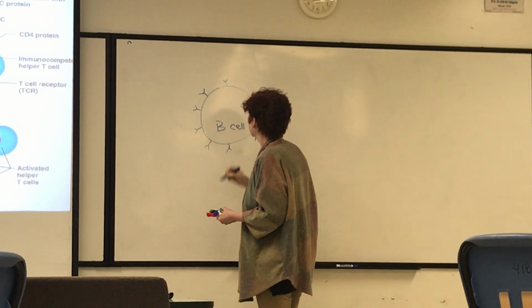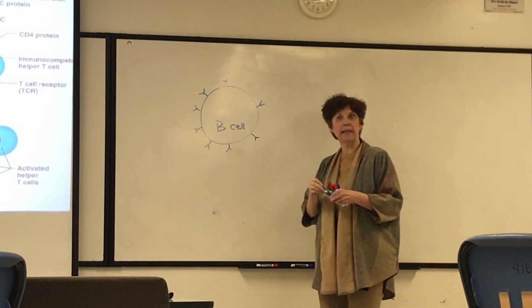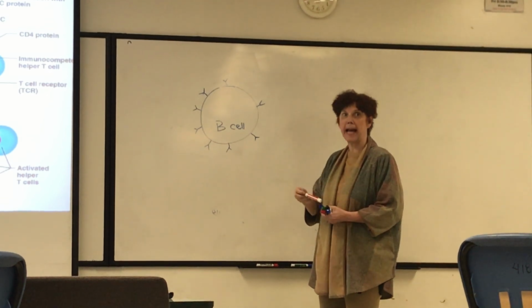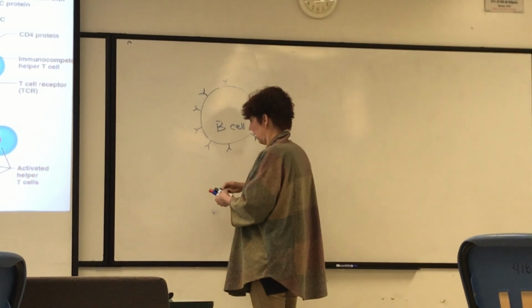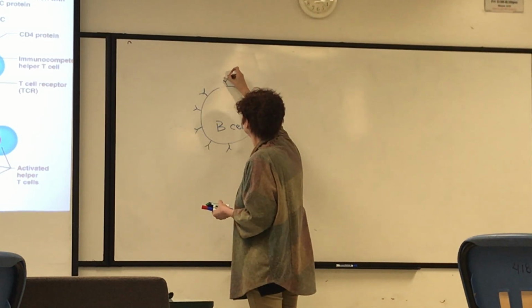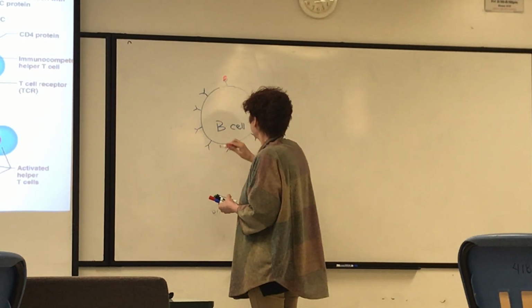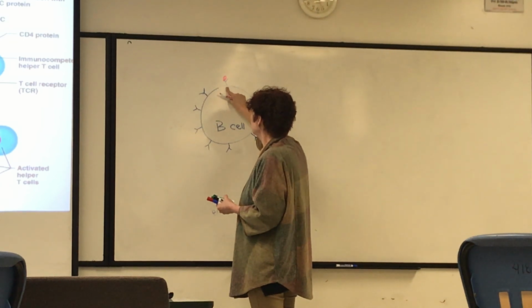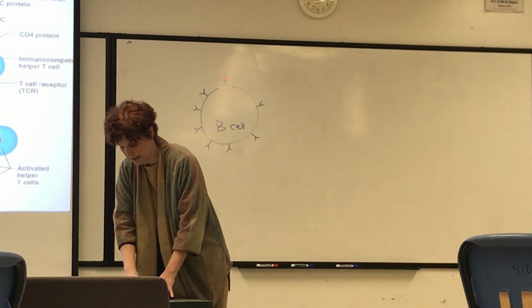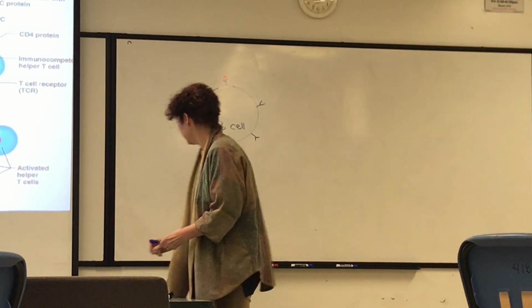And if an antigen binds to that, it's going to recognize that antigen, which is going to bind to it because it's specific to it. And then that will be internalized through endocytosis, like receptor-mediated endocytosis. So this is a form of receptor-mediated endocytosis.